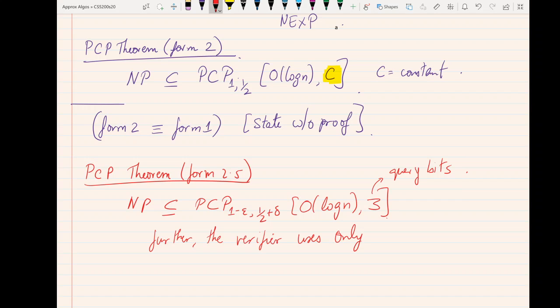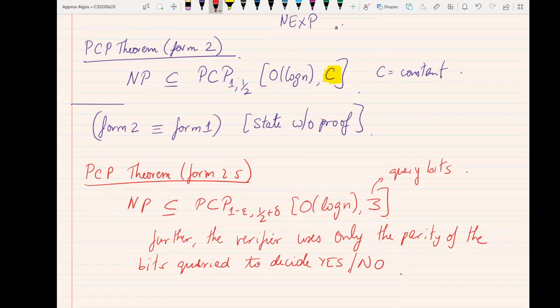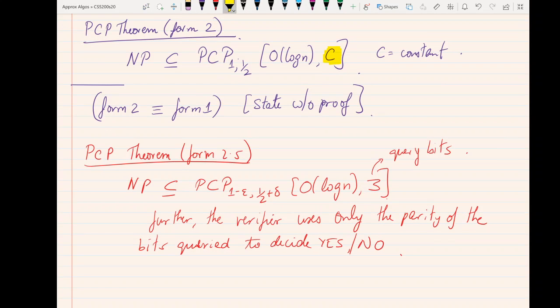Further, the verifier only uses the parity of the bits that it queries. Okay. And this is really cool because you've got it down to really 3 queries, but notice that we have lost out a little on the completeness and soundness.